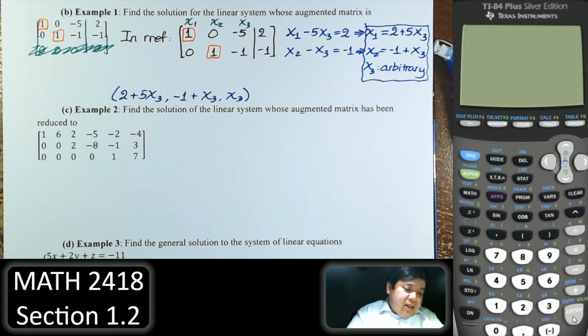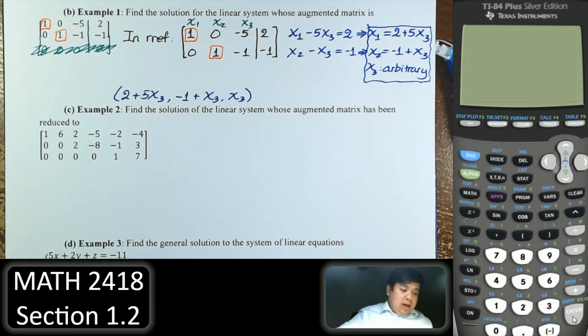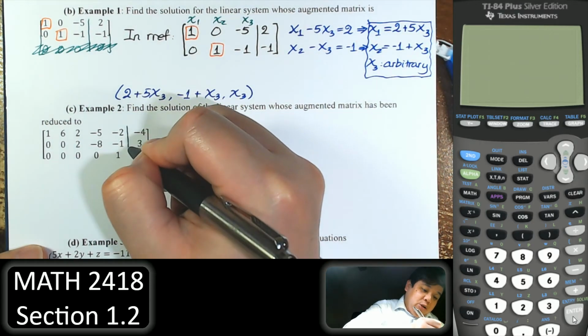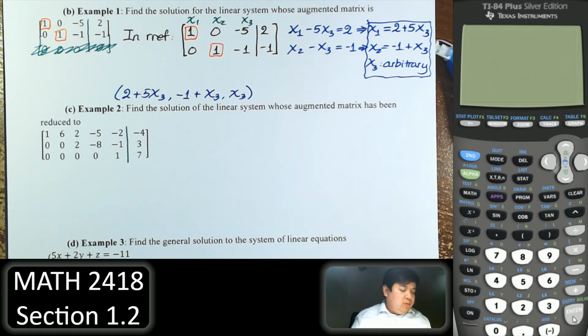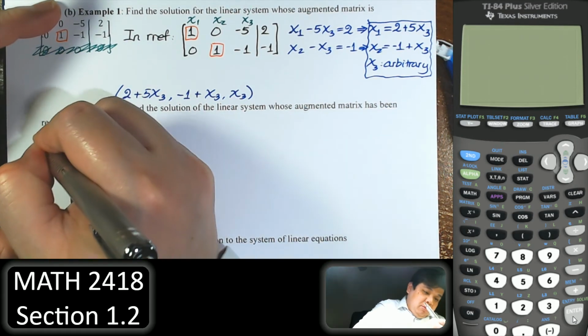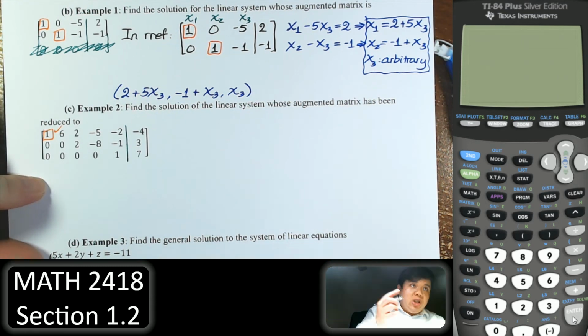Right, next, find the solution to the system whose augmented matrix is this. So we just check to see if it is in reduced row echelon form. If it is not, we just do reduced row echelon form. 1. Pivot is 1. Everything in that column is 0, which is good.